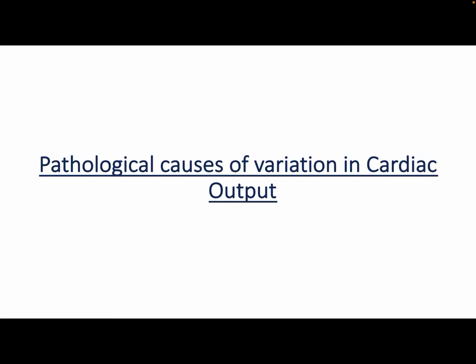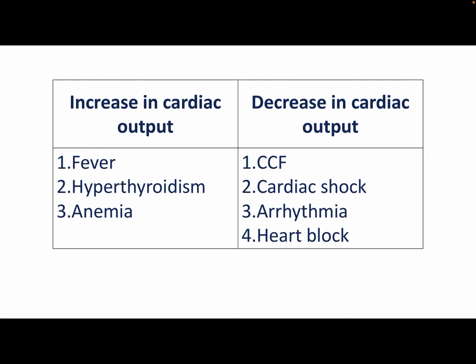Then which are the pathological variations for cardiac output? There will be increase in the cardiac output in case of fever, hyperthyroidism, anemia, and decrease in the cardiac output in congestive cardiac failure, cardiac shock, arrhythmia, and heart block.